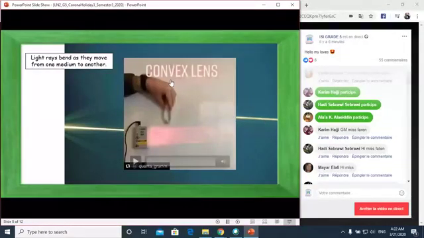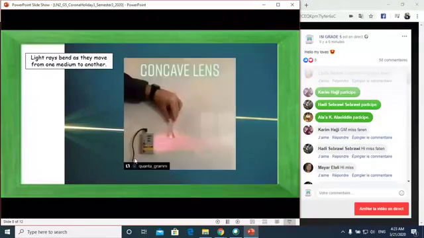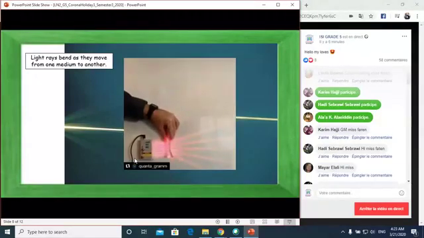We also have different kinds of glasses. We call them lenses. And I have two types of lenses, convex lenses and concave lenses. Convex lenses put the light rays together. Concave lenses send them apart.